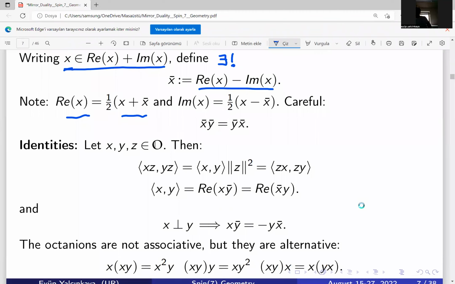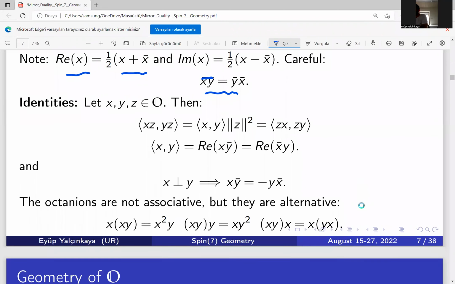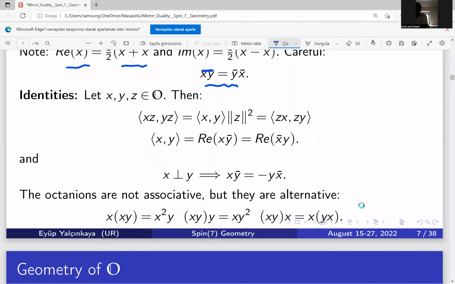Here we want to check; this one has to be the big bar.